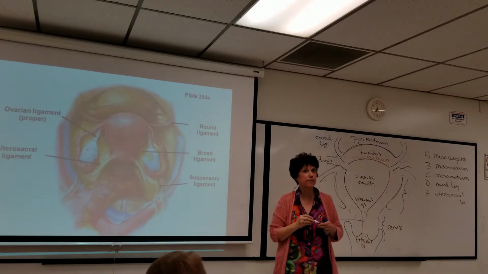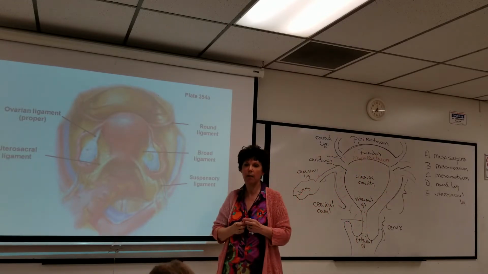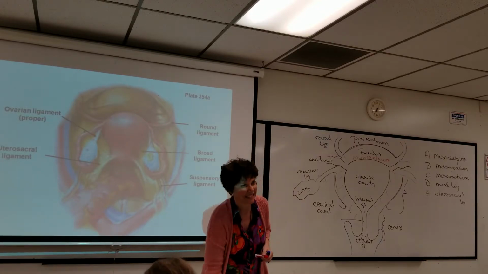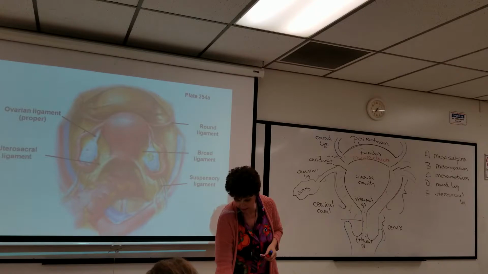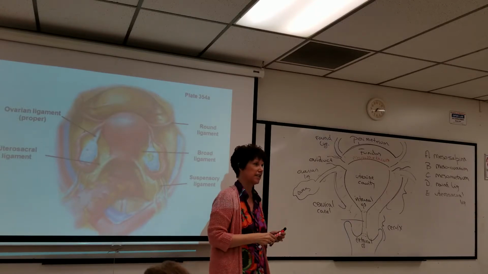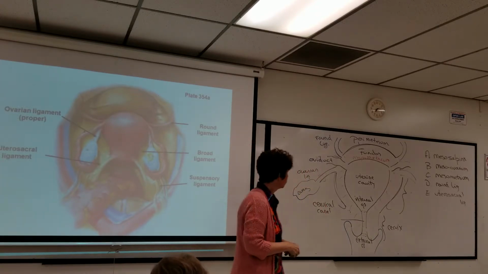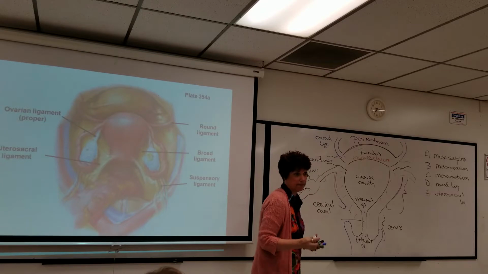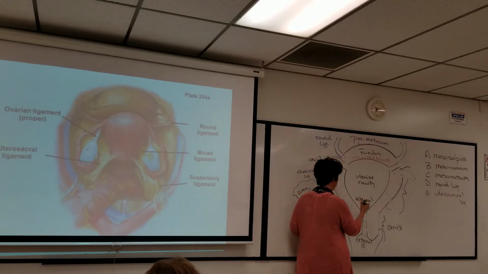Okay, this is the smooth muscle we were talking about when we talked about the endocrine system. What hormone causes the myometrium to contract? Yes, oxytocin. Okay, and then we have the lining of the uterus, which is simple columnar epithelium. We'll diagram it in just a bit.